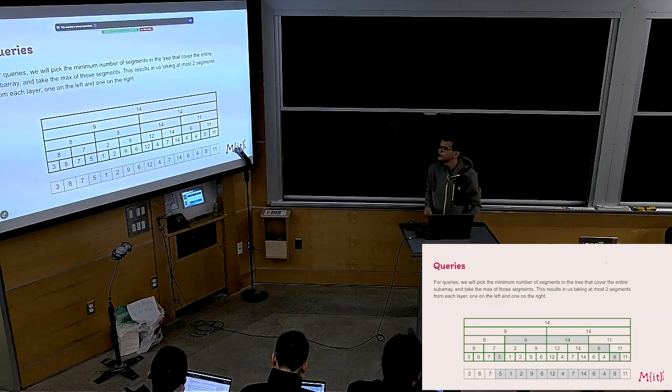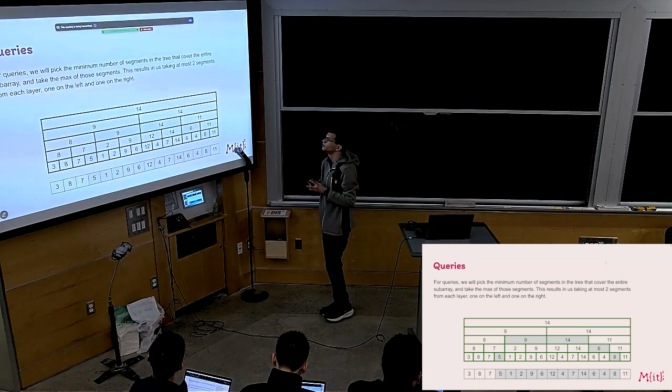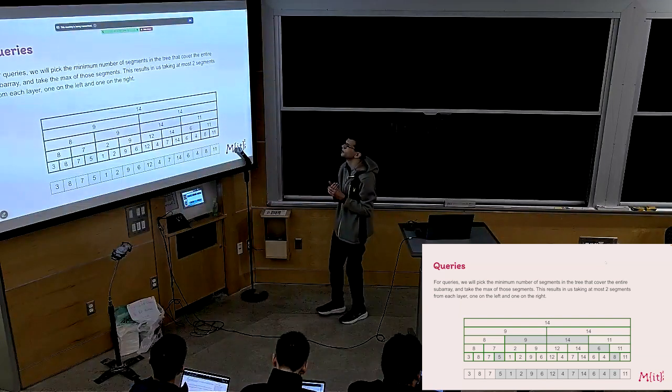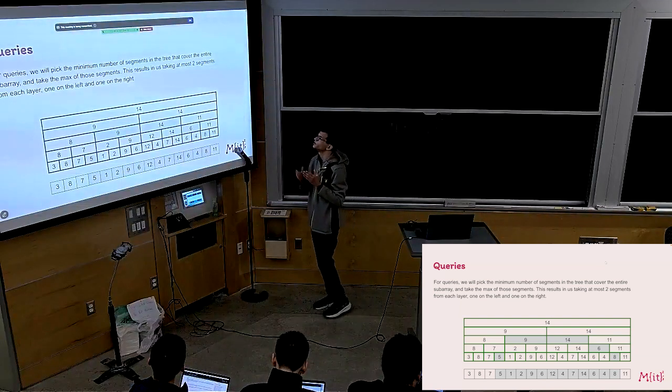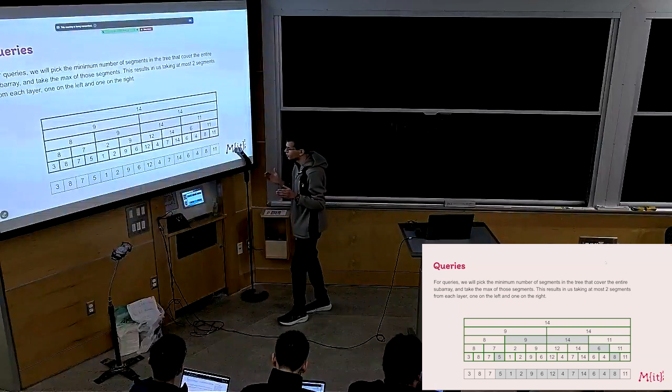Now, as for the queries, the way we will do the queries is we will just pick the minimum number of segments in the tree that cover the entire subarray and take the max of those segments. This results in taking at most 2 segments in each layer.